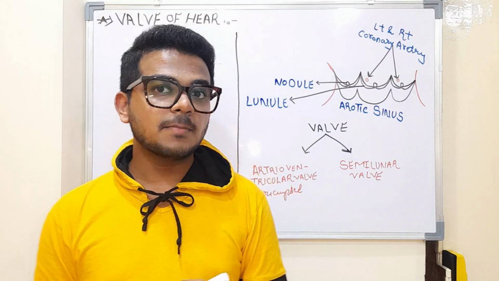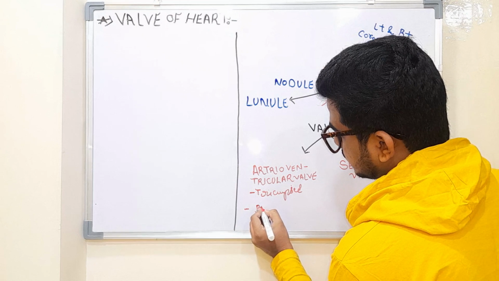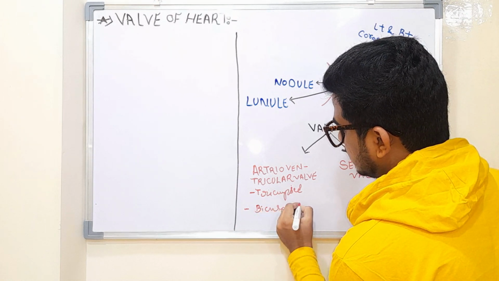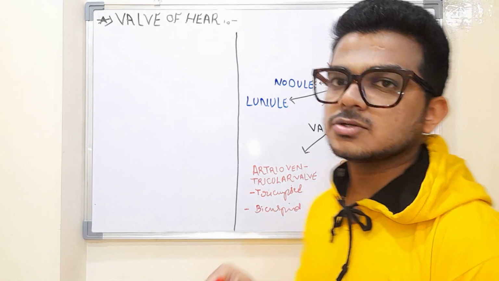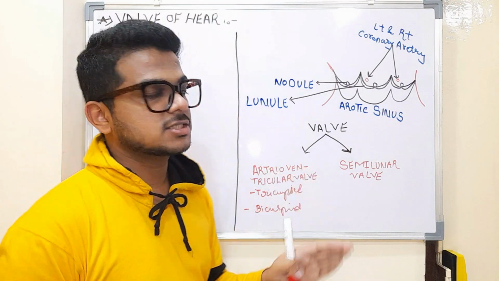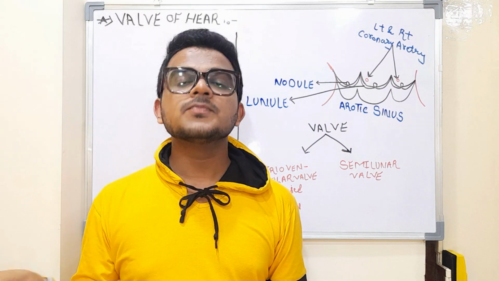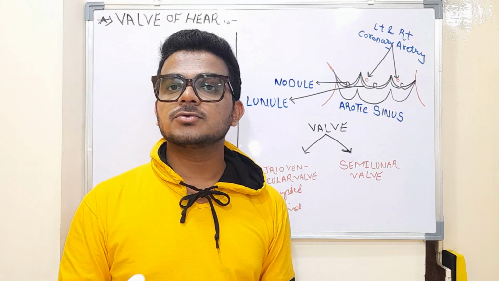That's why it is called bicuspid. Bi means two, tri means three. So that is the only difference between tricuspid and bicuspid, which are present in the atrioventricular septum. That's why it is called the atrioventricular valve.